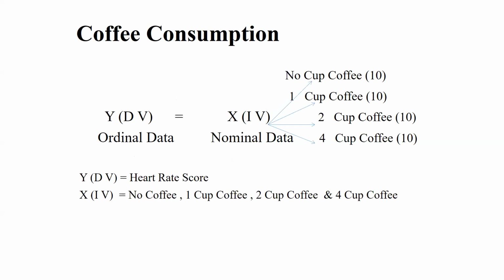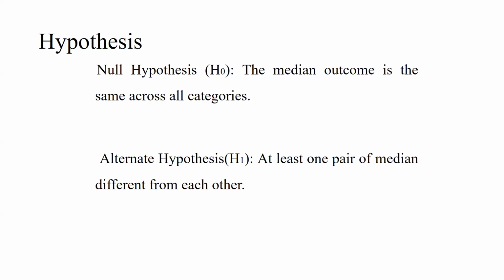In the second group, we are giving 1 cup of coffee. Here basically we compare mean ranks. We will compare the mean rank of the 40 respondents in 4 groups. After 1 month, we will measure the heart rate score of all 40 participants. So this is my case study.